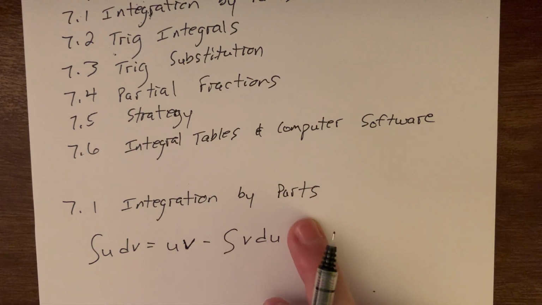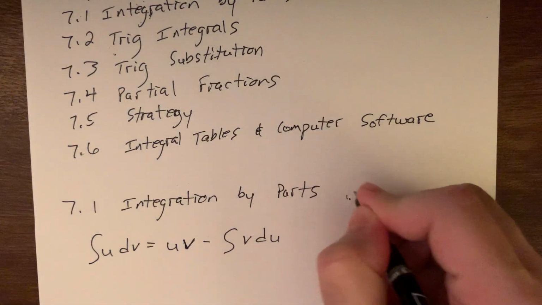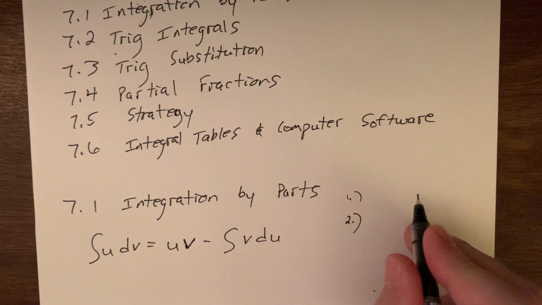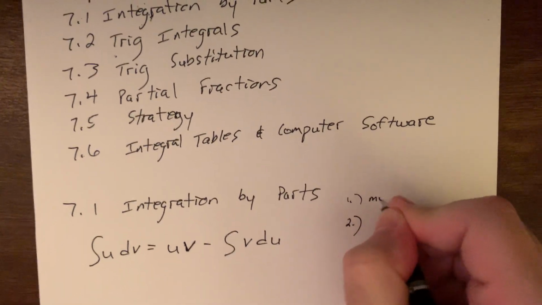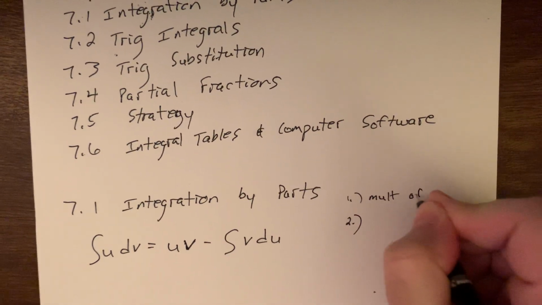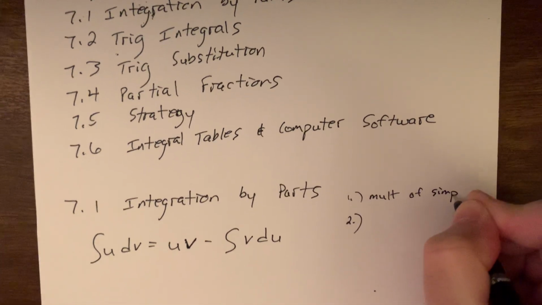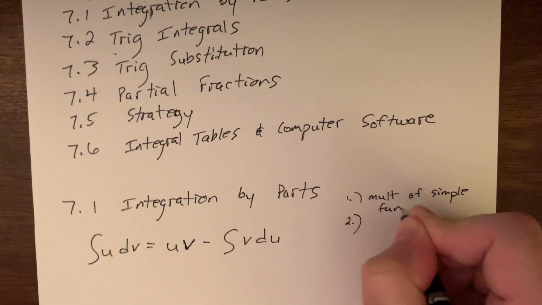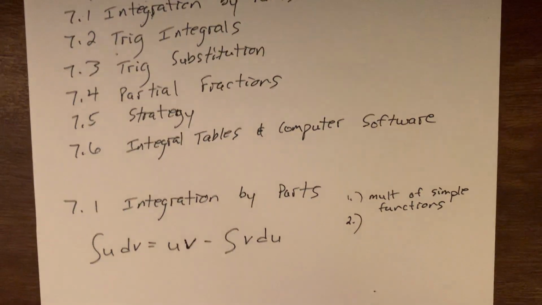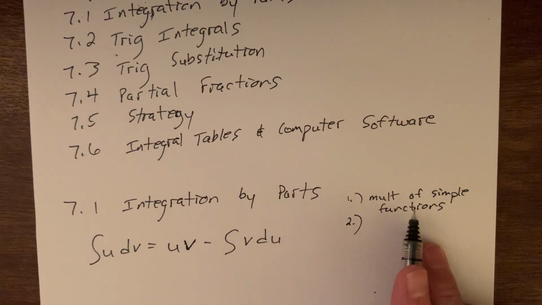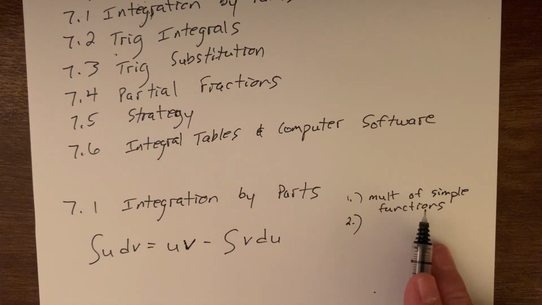Integration by parts works very nicely in two situations. Number one is when we have a multiplication problem, but just a multiplication problem based on simple functions. So we'll go through several of these, but things like x squared e to the x, sine x to the fourth, log x.